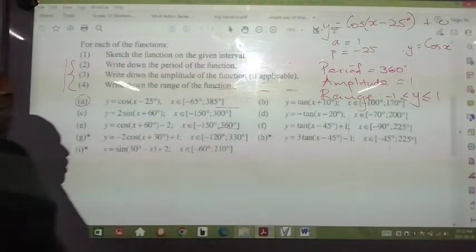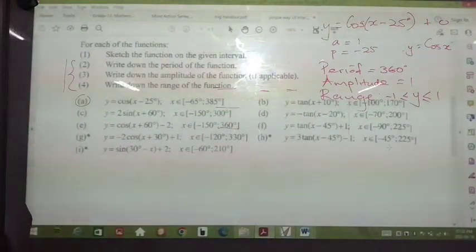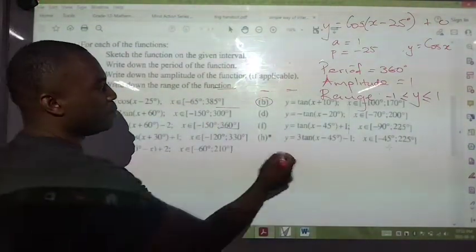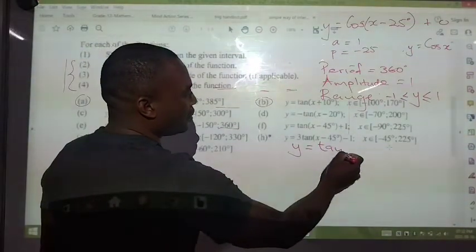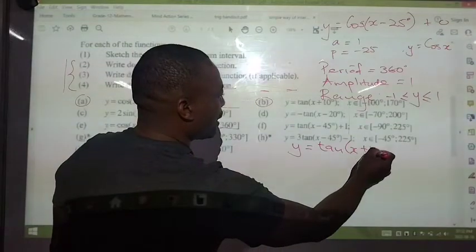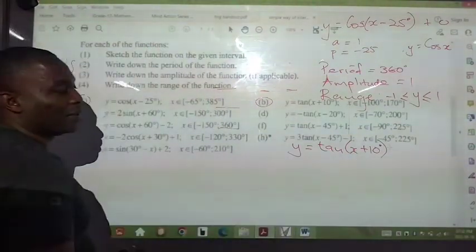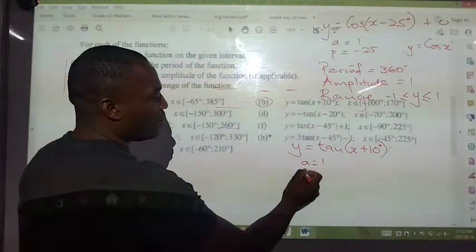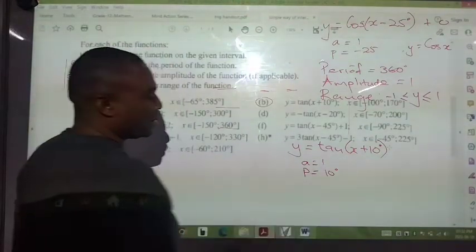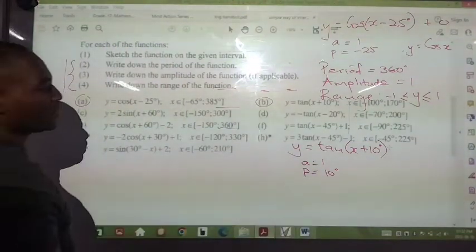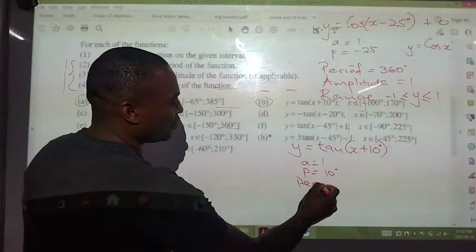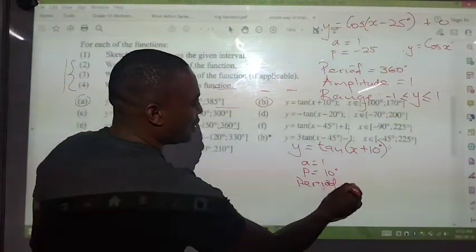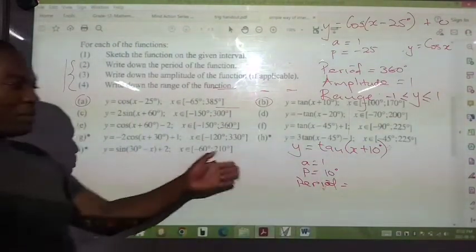Alright, let's take another question and see if we can have a correct interpretation. Let's take B. B is y is equal to tan(x plus 10 degrees). Our A is equal to 1. Our P is equal to 10. So, answering question number 2, period: the period is not affected by any of the parameters.